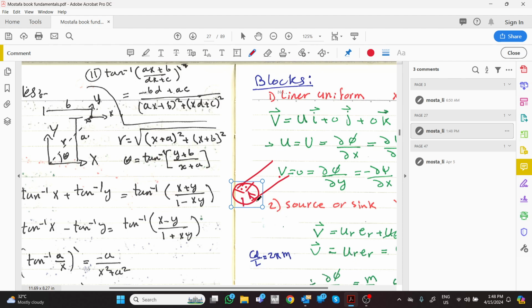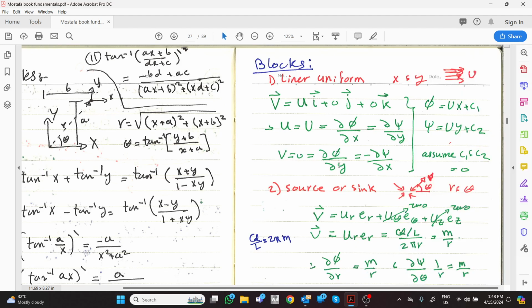So the flow rate is the perimeter multiplied by L, the length, 2 pi r. This is the area of the flow itself. So flow rate divided by the area is the velocity.